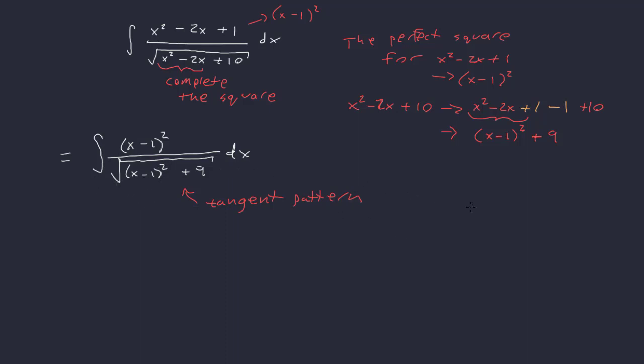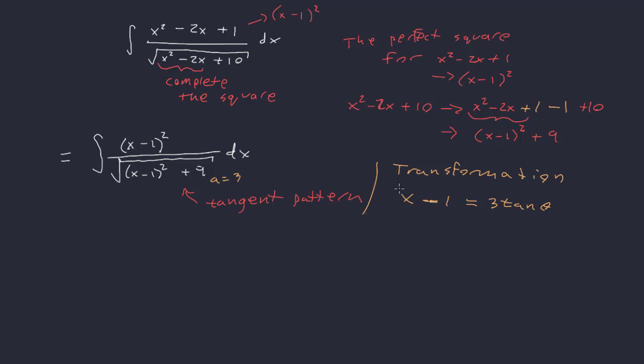But when we do the transformation, we can just do this. Instead of saying that x is equal to whatever, I'm going to say that x minus 1 is equal to, and here my a is 3, so it'll be 3 tan theta.